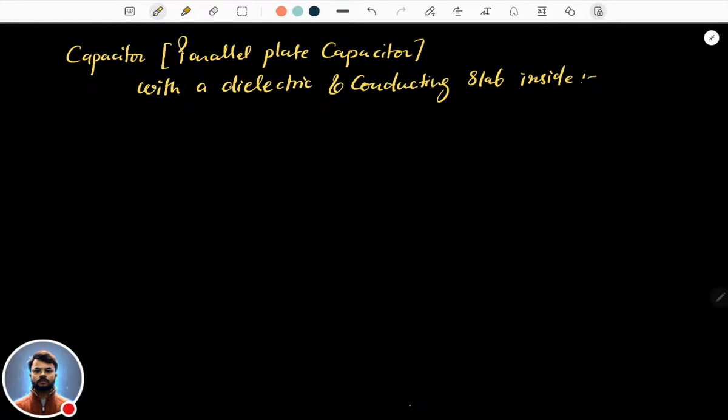So you also know of the slab. What is the slab? A slab is a rectangular sheet with a thickness T. Basically, you can say that is a slab.